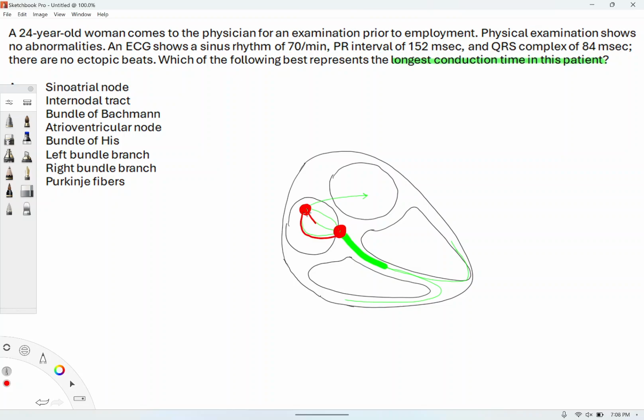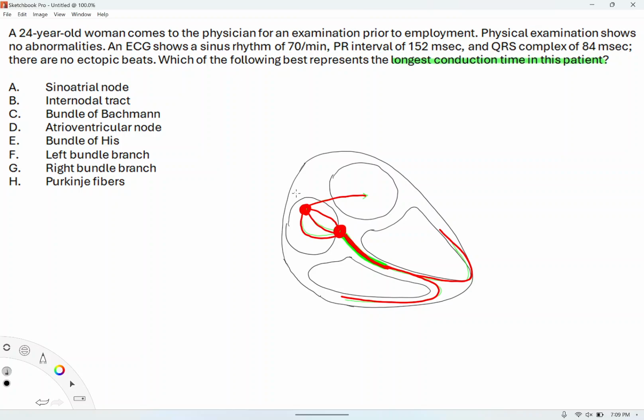So let's say SA node, and then AV node. Internodal tracts 1, 2, 3: anterior, middle, and posterior. And then you have the bundle of His going through here, and the bundle of His will split into the right bundle branch and then the left bundle branch. And then the interatrial tract or bundle, whatever you want to call it. So let's label them.